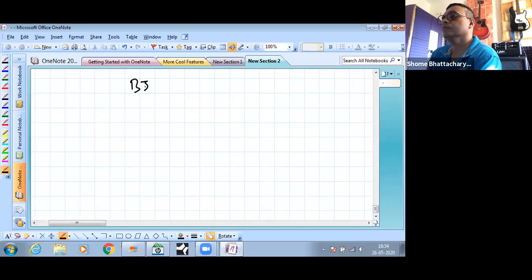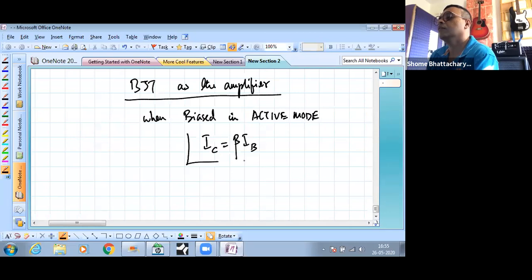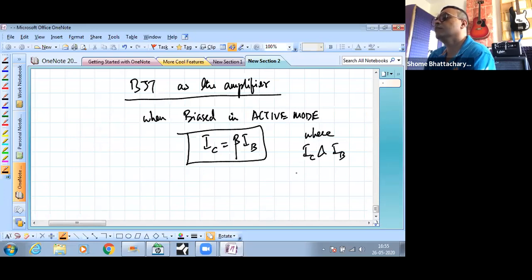So now let us see how the transistor functions as an amplifier. So the whole functioning is based on that simple principle that when biased in active mode, okay, we have this relationship where IC and IB are DC currents.